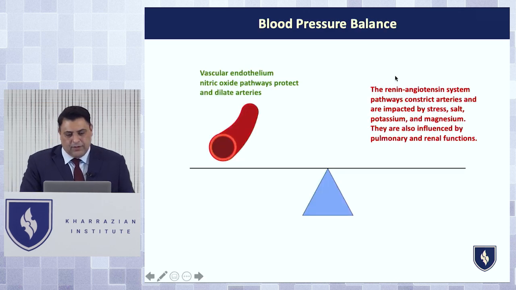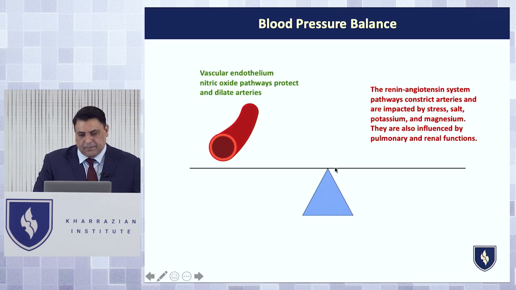So when you look at blood pressure, it's this balance. Fundamentally, what's happening in the vascular endothelium is this balance between vascular endothelium nitric oxide pathways that protect and dilate the arteries versus the renin-angiotensin system pathways that constrict the arteries and are impacted by stress, salt, potassium, and magnesium. They're also influenced by pulmonary and renal functions, especially the secondary types.